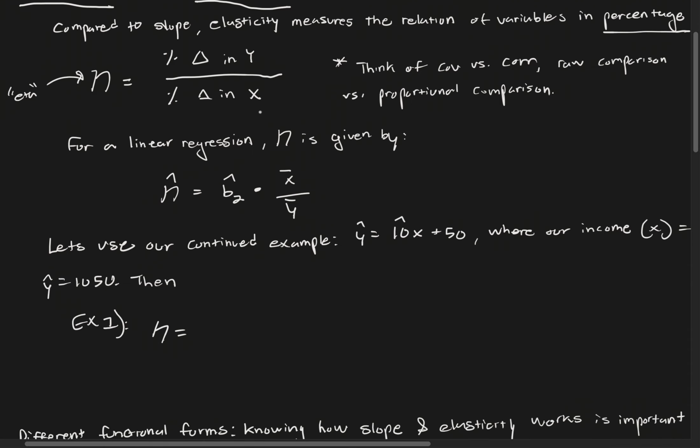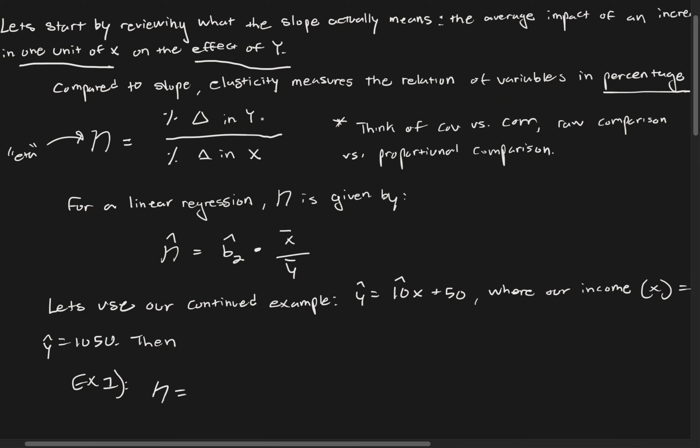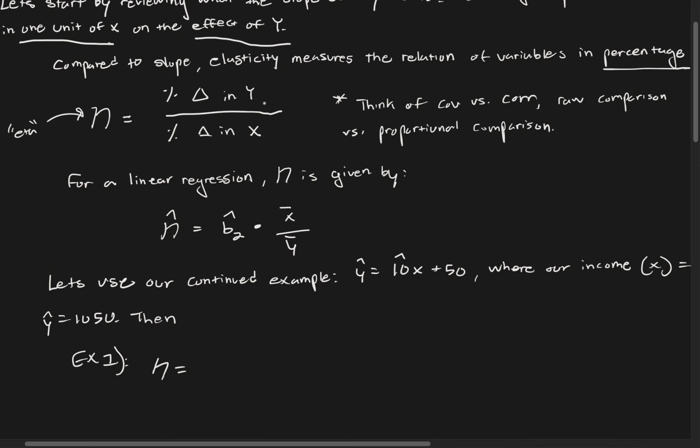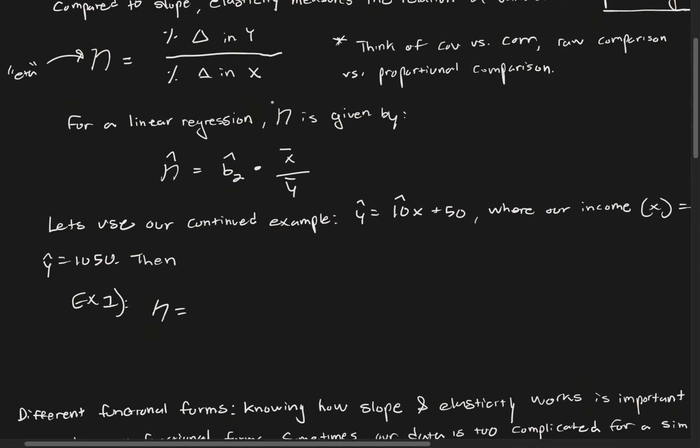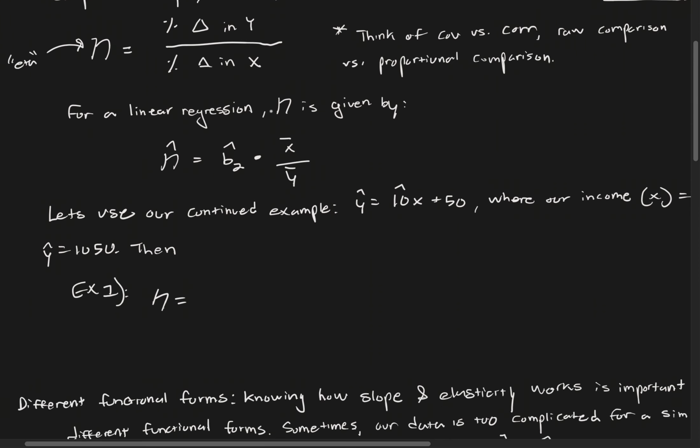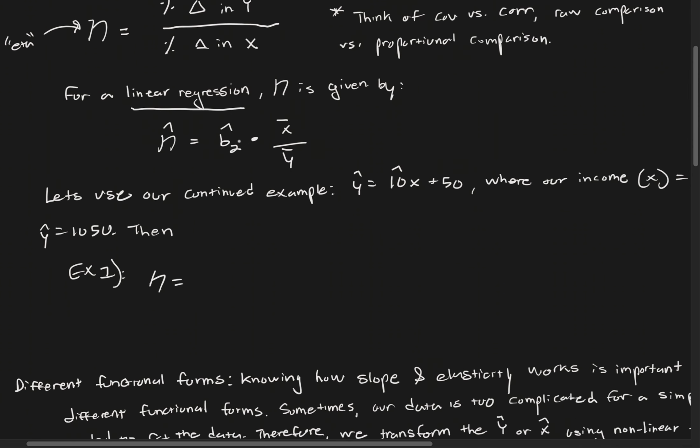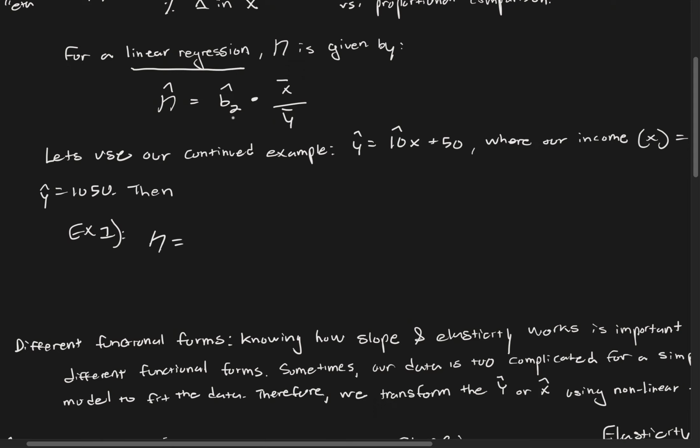So in a way, elasticity is more useful when we're trying to measure just proportional change of how x affects y. But slope can also be helpful. It really just depends. And so for a linear regression, the elasticity is given by the b2 hat times the mean of x over the mean of y.